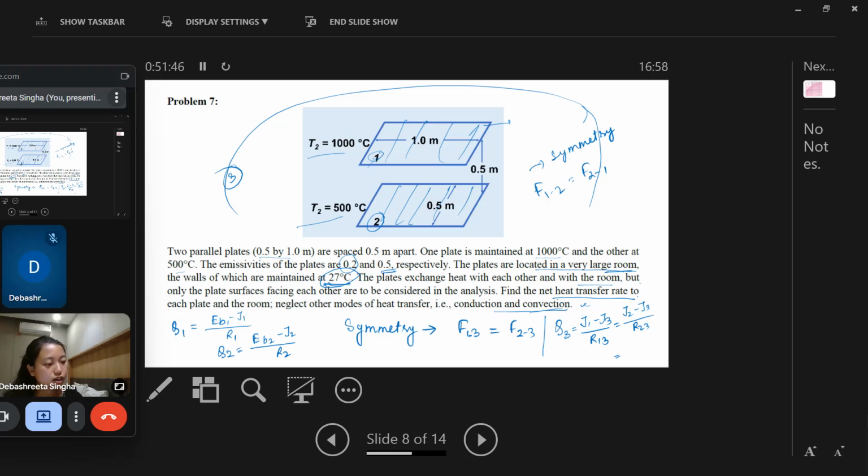So these are the heat transfer. These are the net heat transfer rates to each plate and the room.